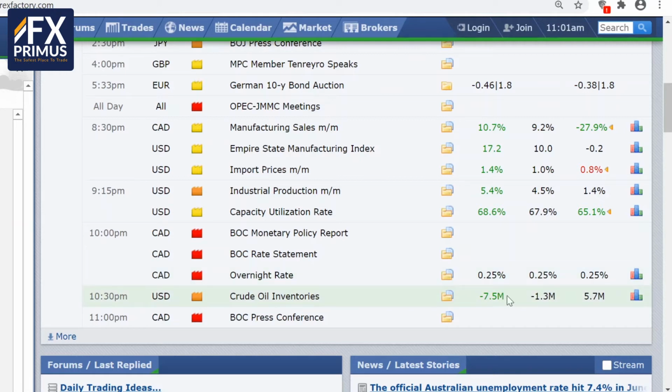So it means that there is a large reduction of crude oil inventories, and theoretically this means that supplies are reducing, and theoretically it should mean the oil prices should be moving up. Supply less than demand.